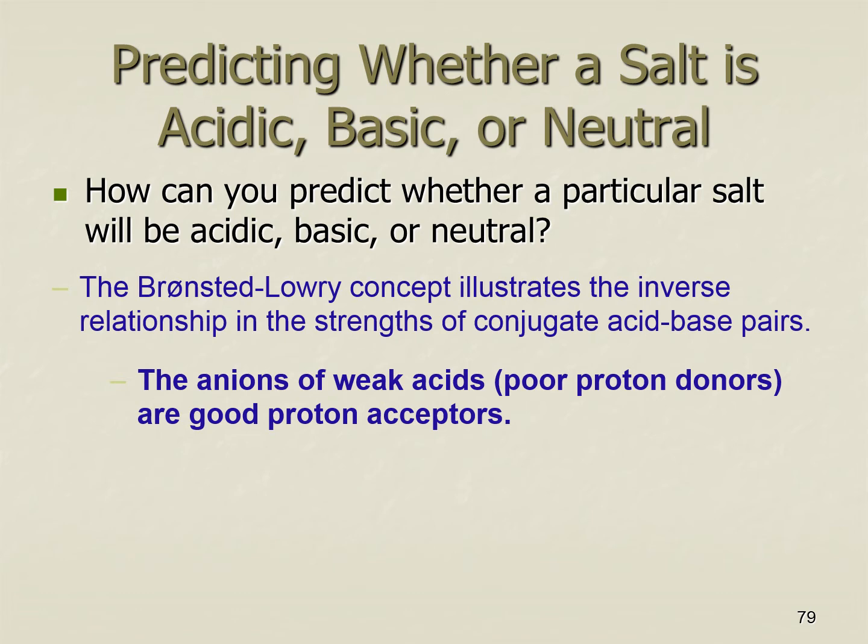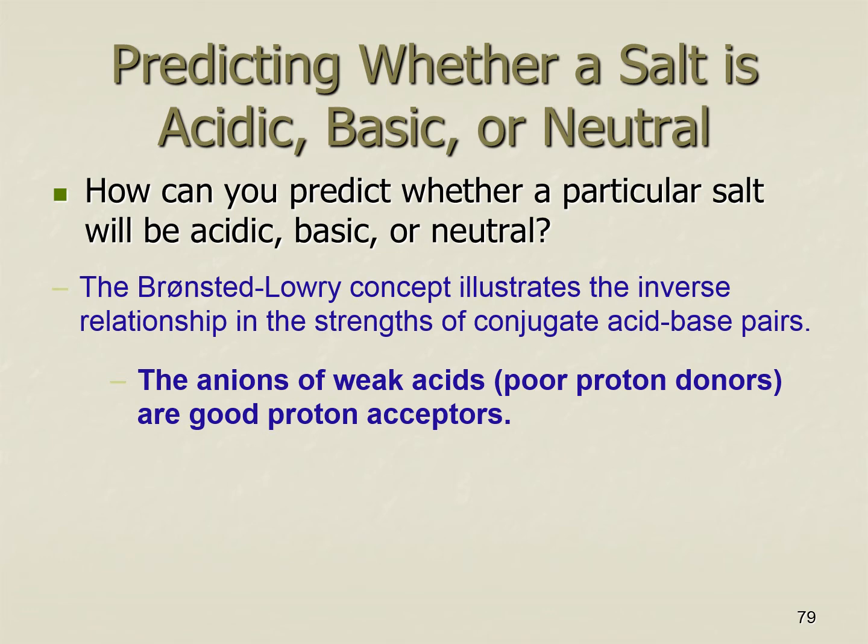But a weak acid, like we talked about just a minute ago, HCN, is not really willing to give up that H plus. So on the reverse side, CN negative is fairly willing to accept the H plus because it didn't want to give it away much in the first place.